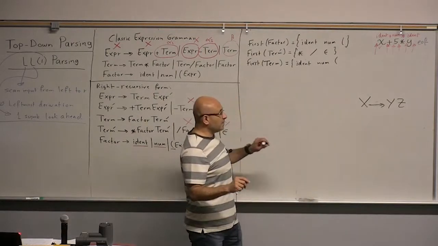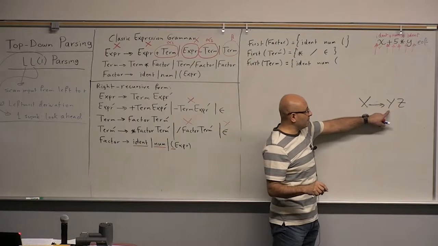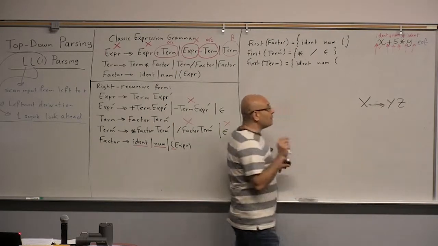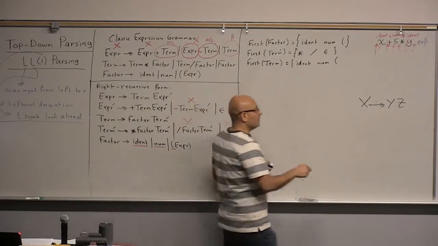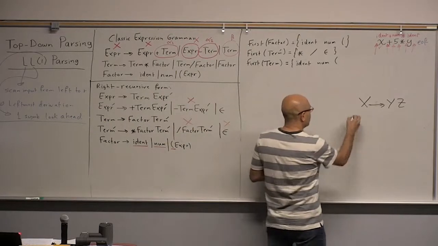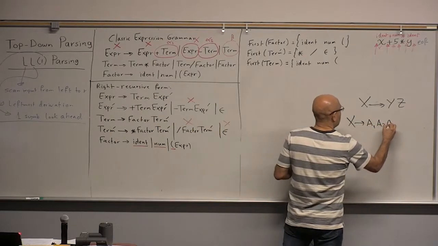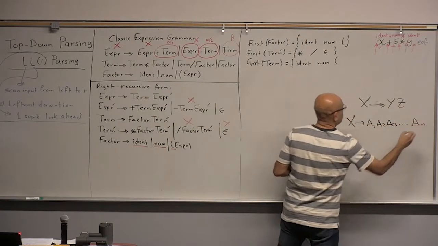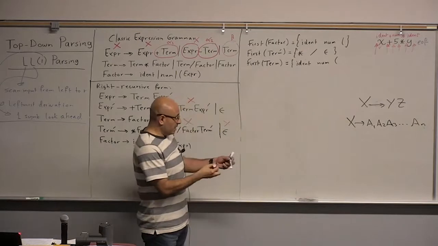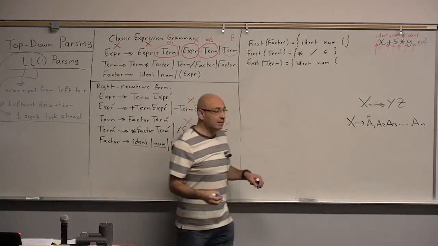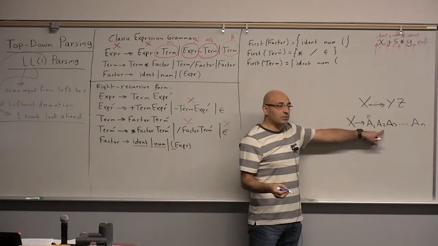So generally speaking, if y itself has an epsilon in its first set, then I should look at z. Generally speaking, if you have x derives a1, a2, a3 through an, if a1 has epsilon in its first set, then you should add the first of a2.